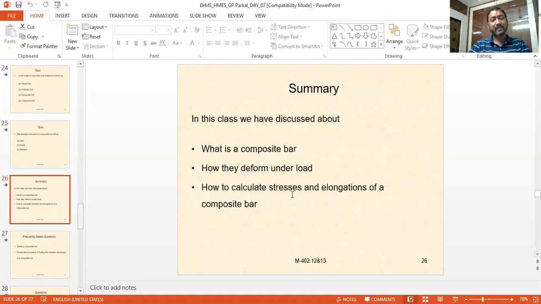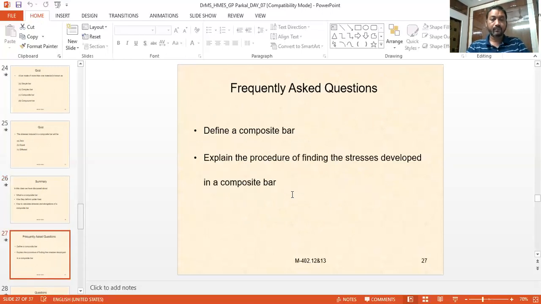Similarly, the elongation of the composite bars. And these are the questions frequently appearing from the examination point of view.